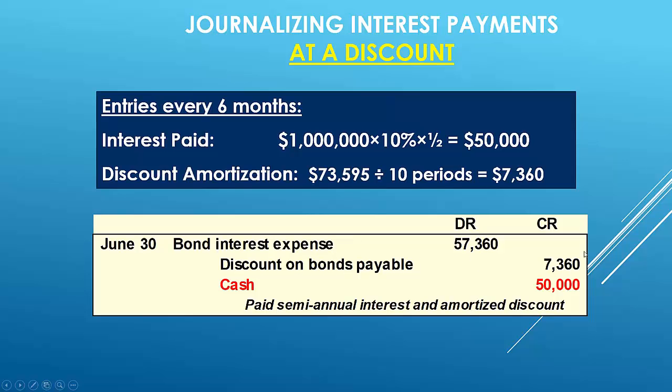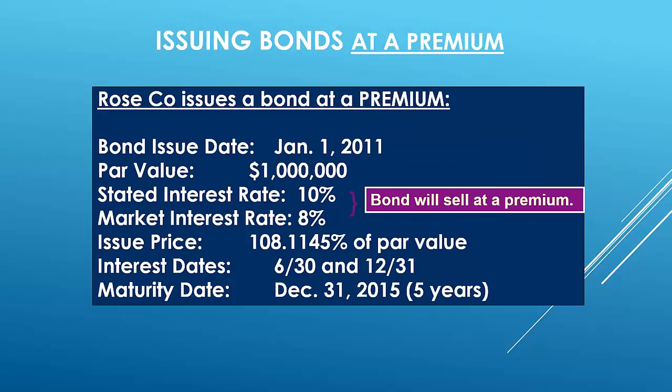So now I'm going to amortize some of that bond payable based on the full discount amount divided by how many periods I have to amortize that. That's how I got this number over here. And then the $57,360 is the total amount of interest expense I've got.